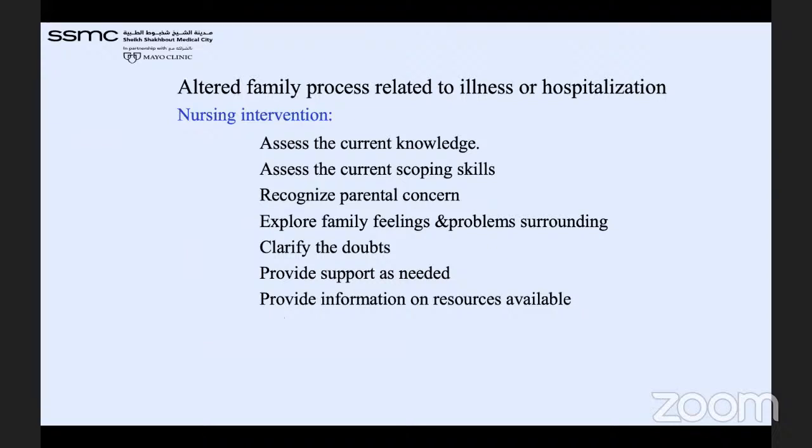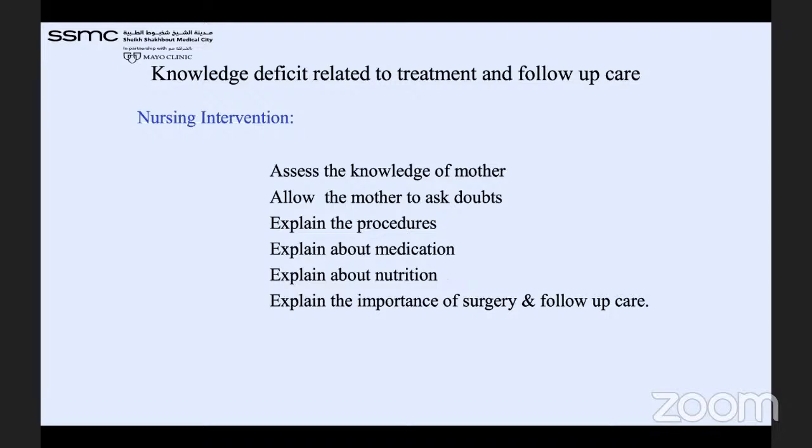And altered family process related to illness or hospitalization: we have to assess the current knowledge because there is a lot of anxiety. Whenever you say that your baby has heart disease, there is too much anxiety among the parents. So we have to sit with the parents and teach them about those things.